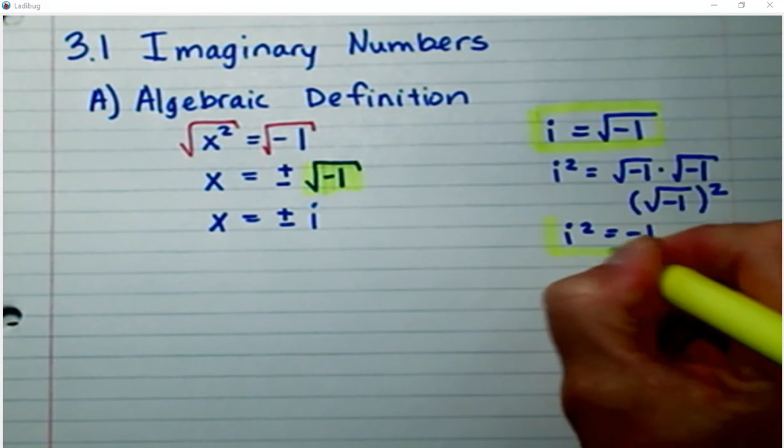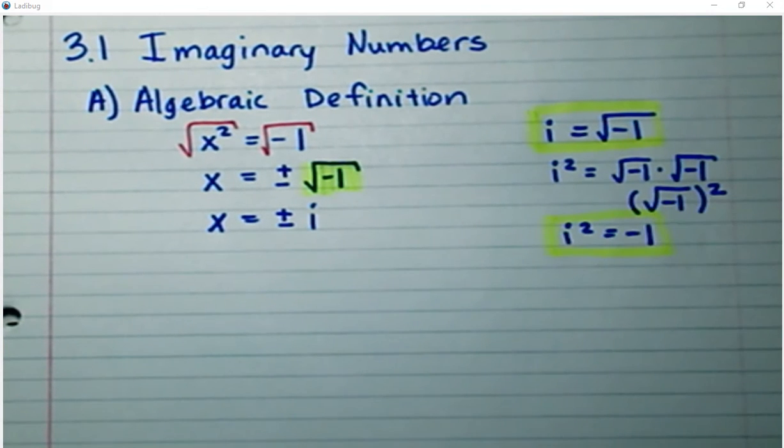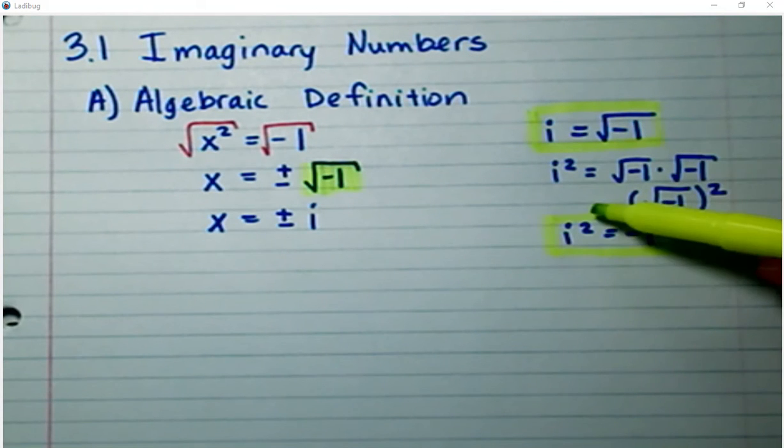Now this isn't the initial definition, it's sort of an extension, but those two boxes, you have to know that, okay? You have to know that i represents root -1 and i squared is equal to -1.